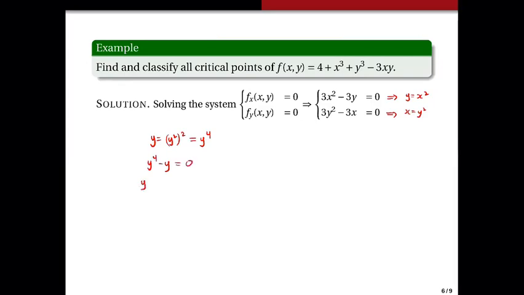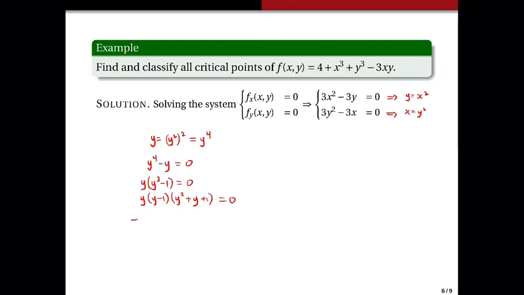And then you can factor out y. You will have y times (y cubed minus 1) equals 0. And then you can further factor y cubed minus 1 into (y minus 1) times (y squared plus y plus 1) equals 0. And this last factor will never be 0.